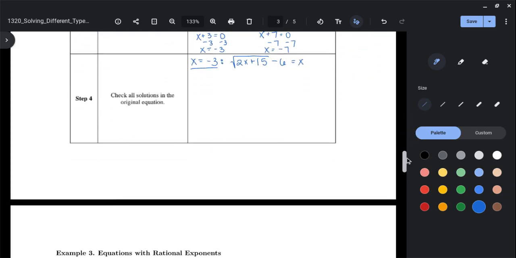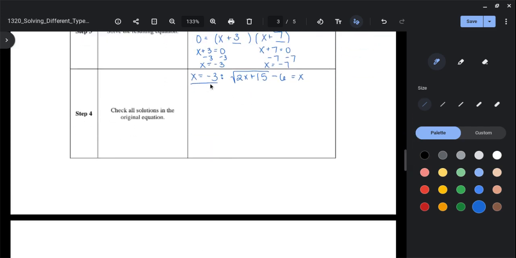Everywhere I see an x, I'm going to replace it with negative 3. So I get the square root of 2 times negative 3 plus 15, minus 6 equals negative 3. Now we hope it equals. I don't know for sure. That's what we are going to check.